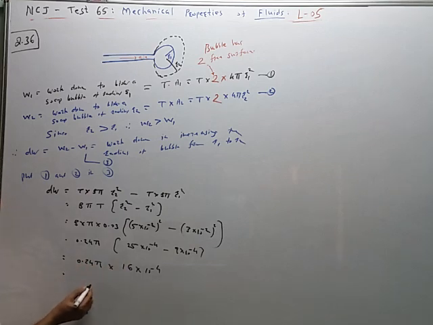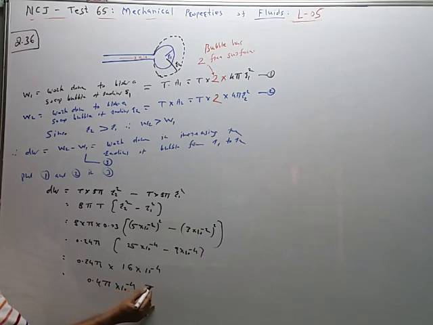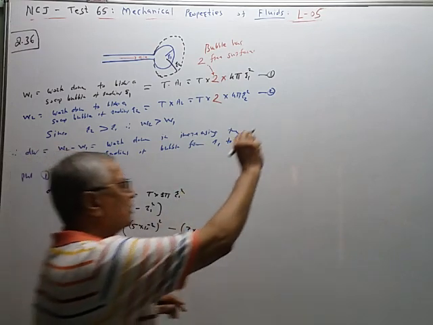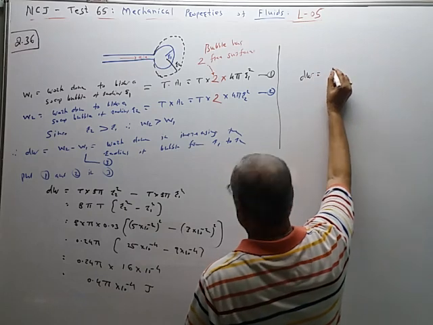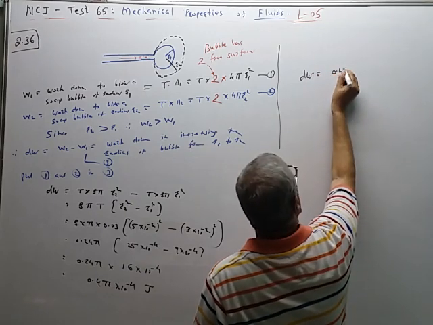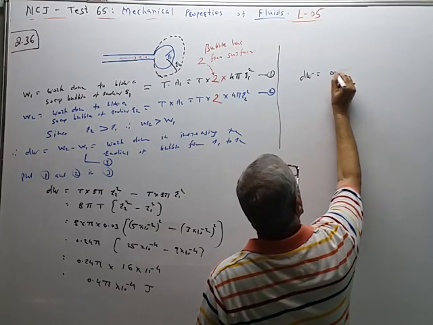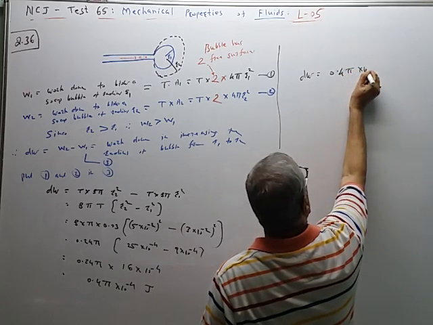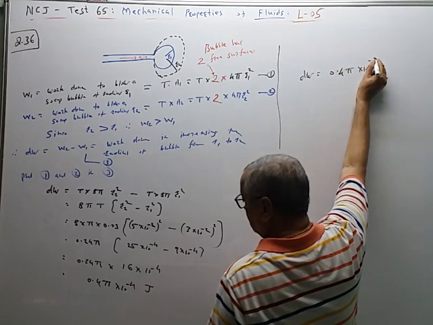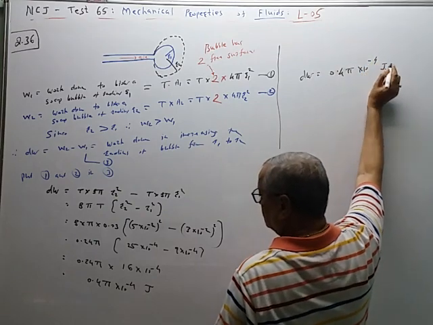So this is nearly 2514. So this is equal to 0.4 pi into 10 raised to minus 4 joule. So work done dW is equal to 0.4 pi into 10 raised to minus 4 joule.